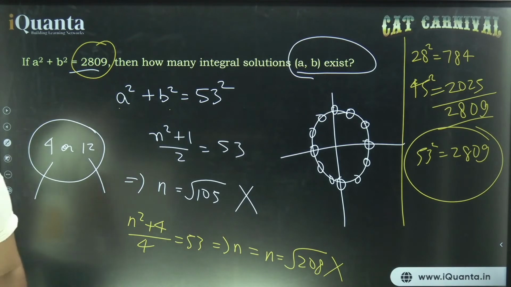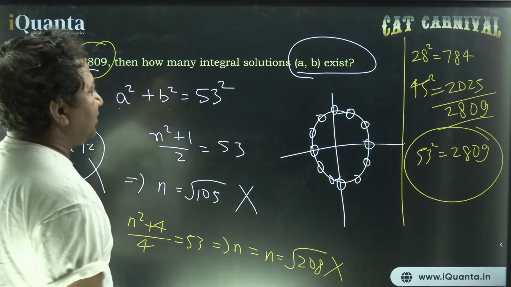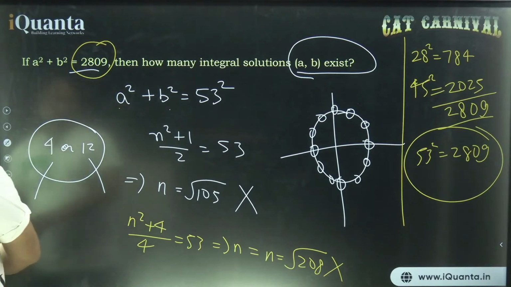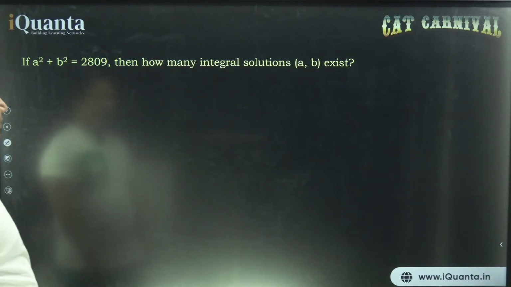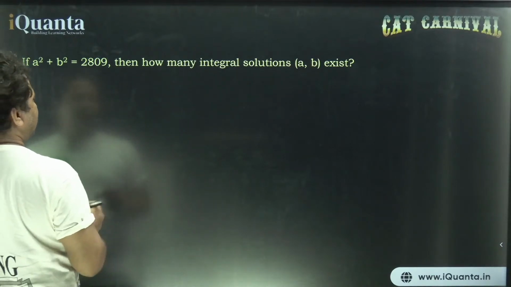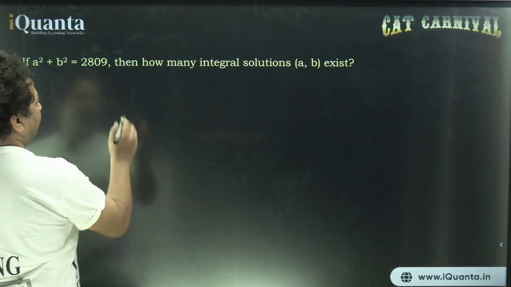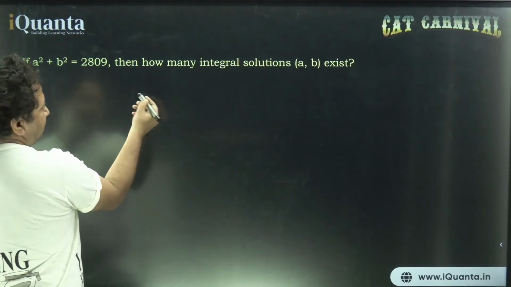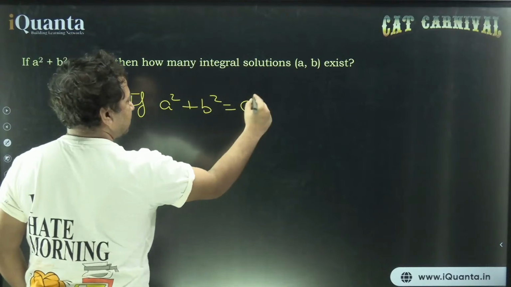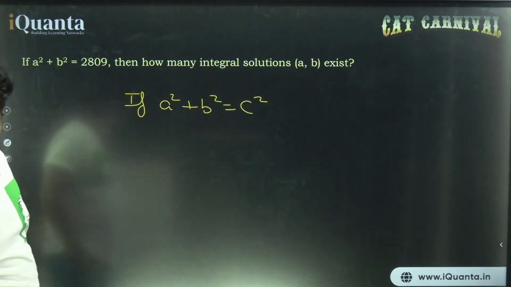Now the next thing is, if this doesn't work, so for hypotenuse we should use another formula. Let's go over there. ठीक है? This is the last thing for today. So if we have an equation like this, तो हम क्या करेंगे?